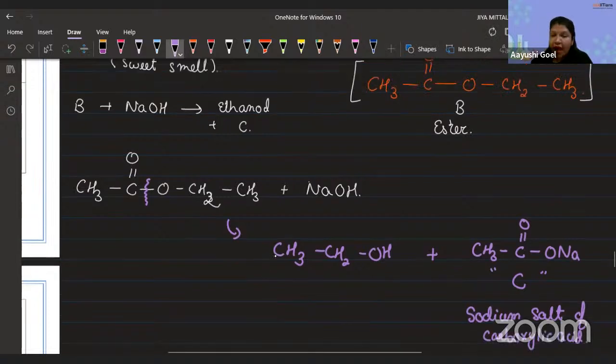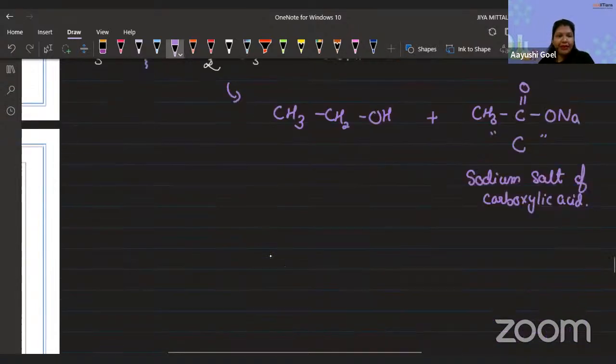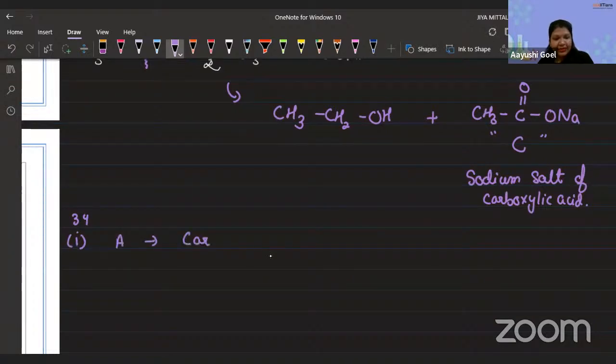So the answer for the first one, how are you going to write it? Question number 34, first option: A is carboxylic acid, and C is sodium salt of carboxylic acid.